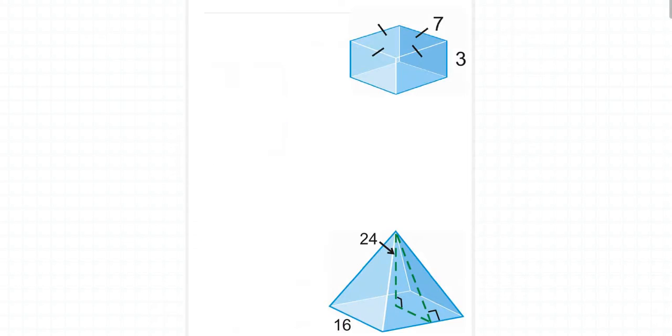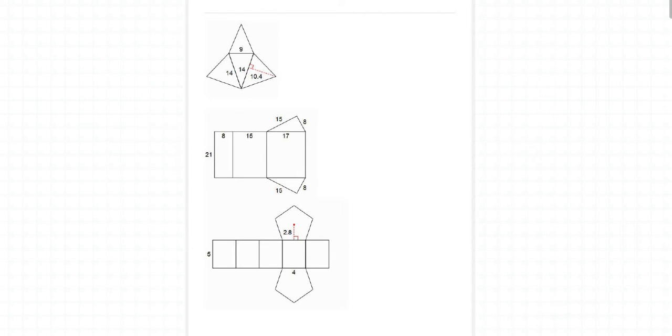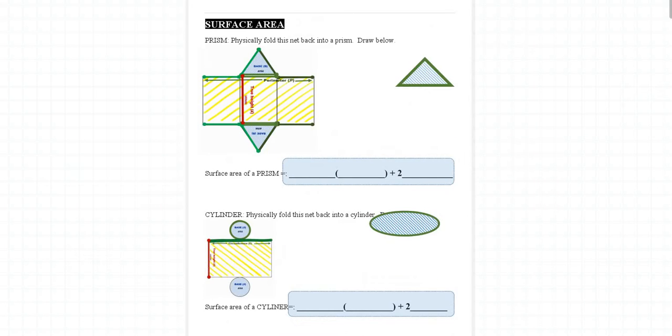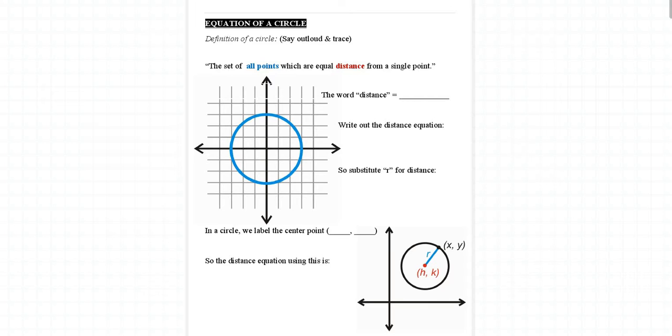And then I got you some practice problems for all of those. And the last you mentioned nets, so the last 2 pages are nets. So I'm really hoping you were able to get this printed because it'll make it a lot easier.